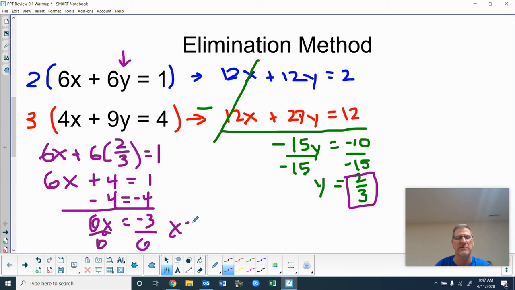So x will equal, reducing, negative 1/2. Okay, so we got both our answers as fractions. That's okay. So x is negative 1/2, and y is 2/3. And we just did that one by elimination.